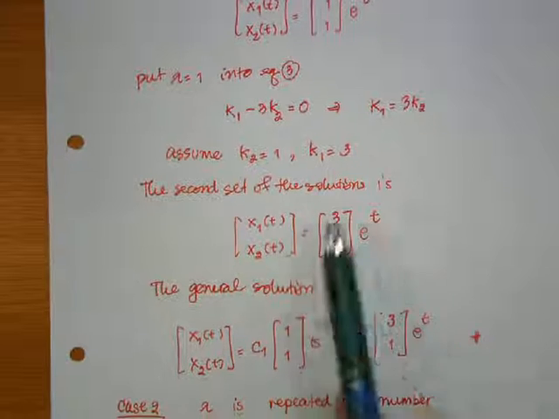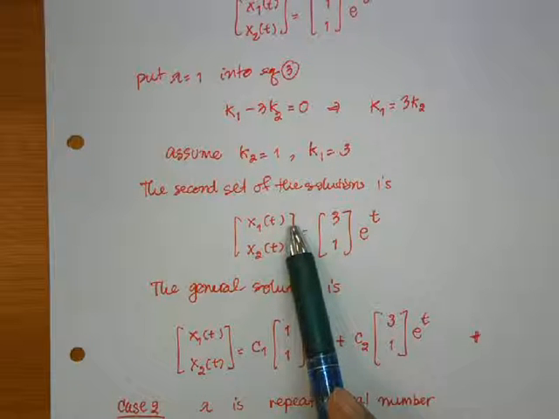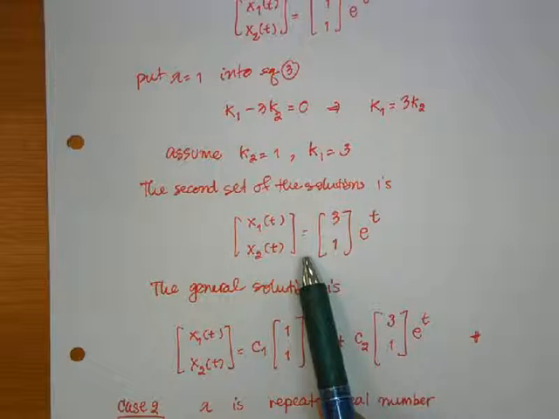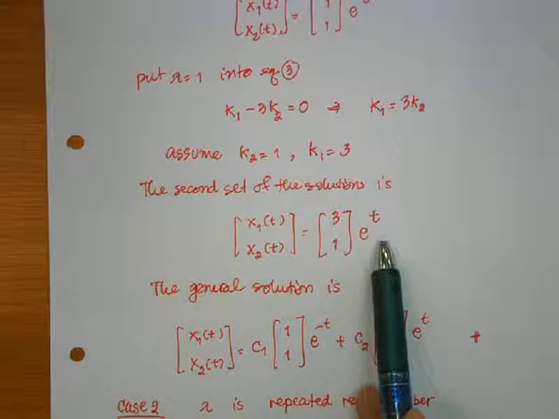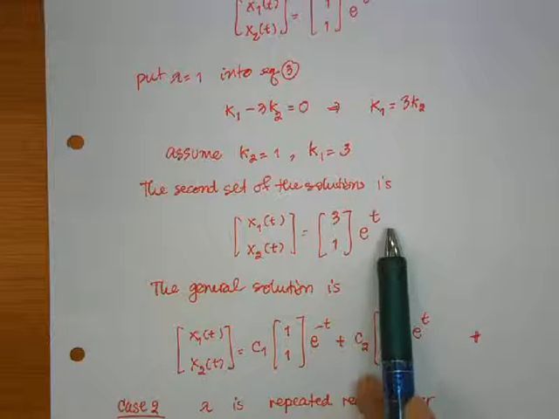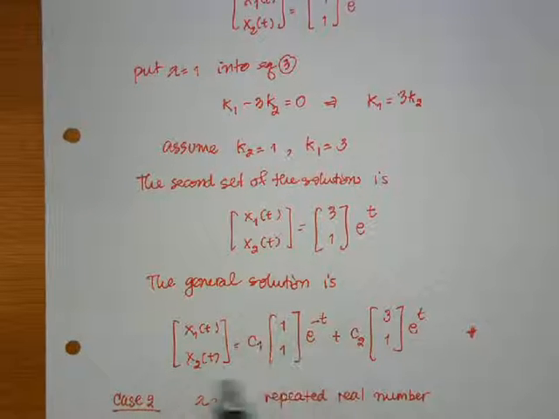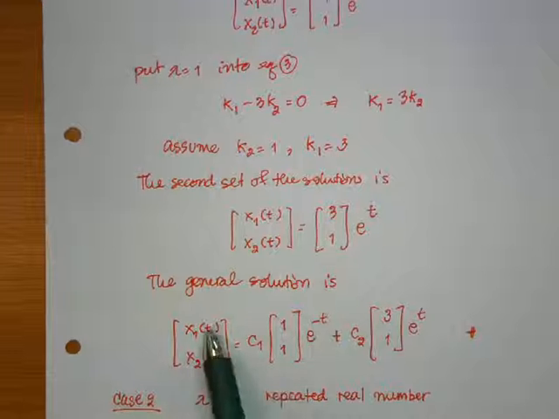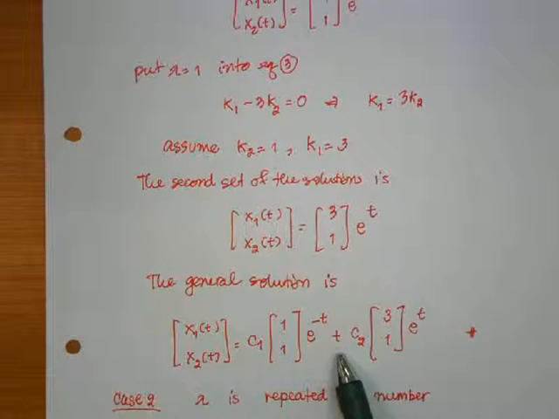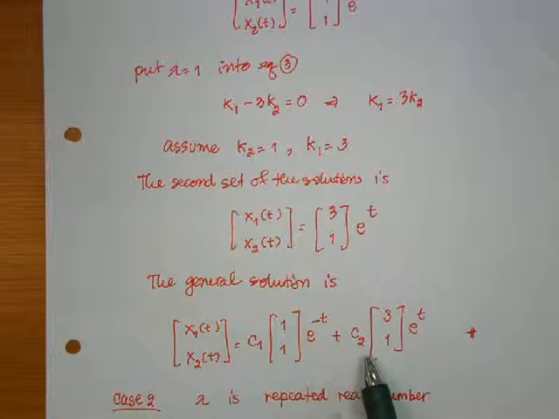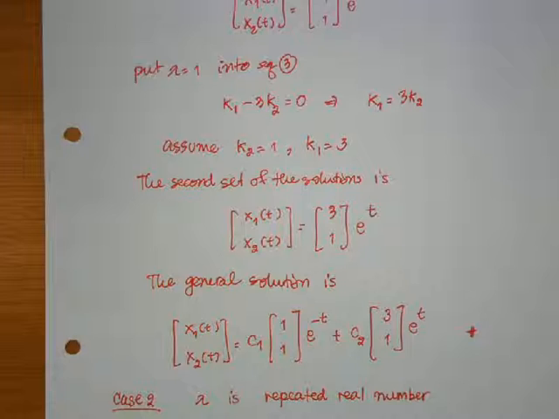Then the second set of the solution would be x1, x2 equal to 3, 1 times exponential of t. So our general solution would be x1, x2 equal to c1 times 1, 1 times exponential of minus t plus c2 times 3, 1 times exponential of t.